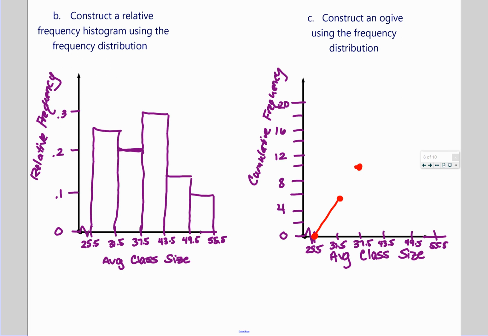At 43.5, what were we at for that third class? 5, 9, 15. The next one, and then we were at 18 and 20 for the last two. Something like that.